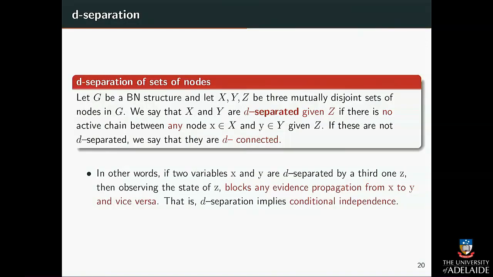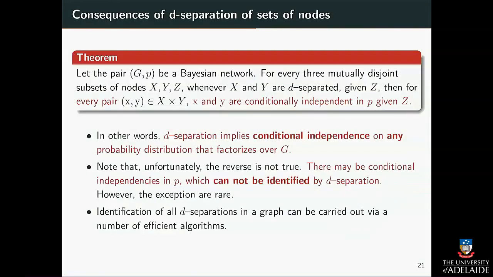So let's say that you have a subset X, a subset Y, and a subset Z, which is the one that you have observed. And these don't form a partition. They don't have any random variable in common, any node in common. So we say that these two sets, X and Y, are d-separated given Z if there is no active chain between the two. Okay? So there is nothing that is revealed by Z, right? It's not an open connection.